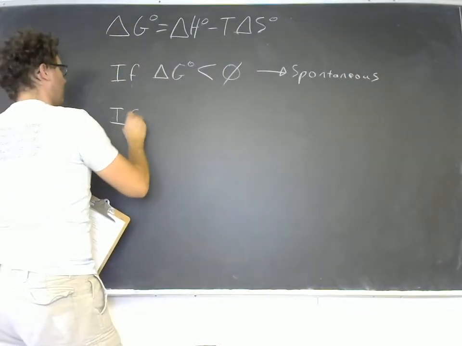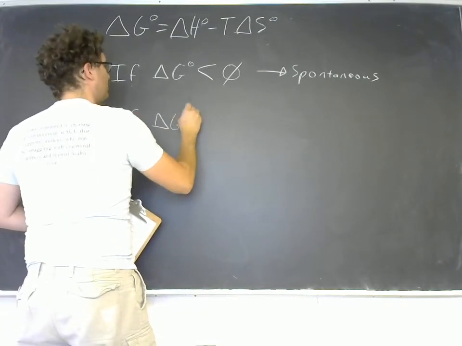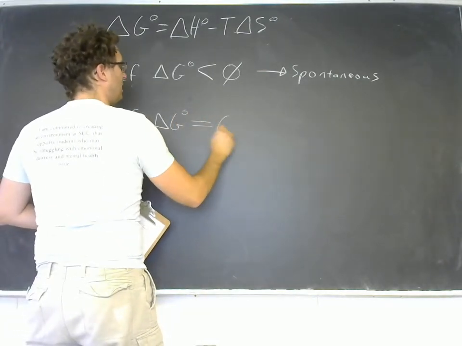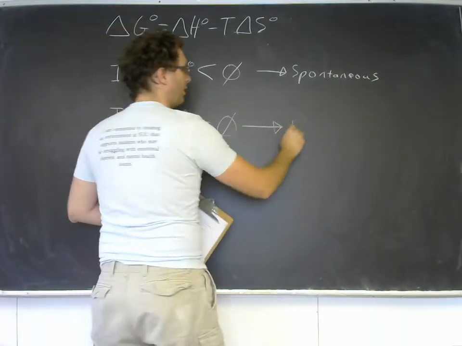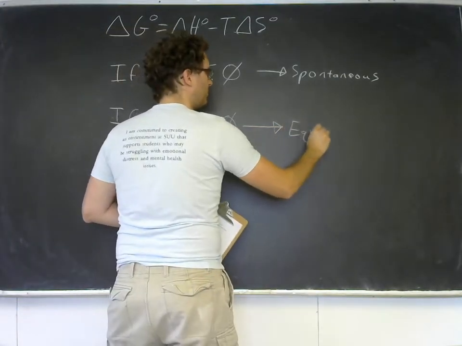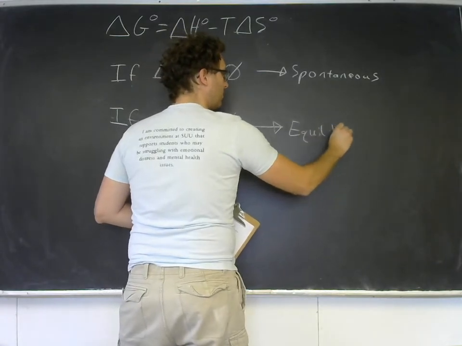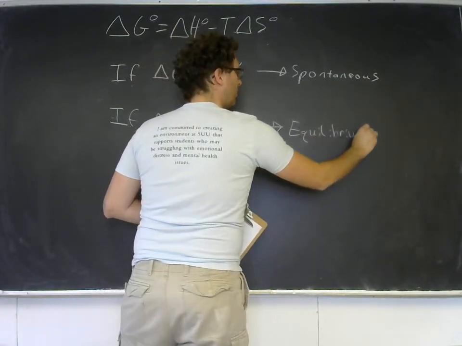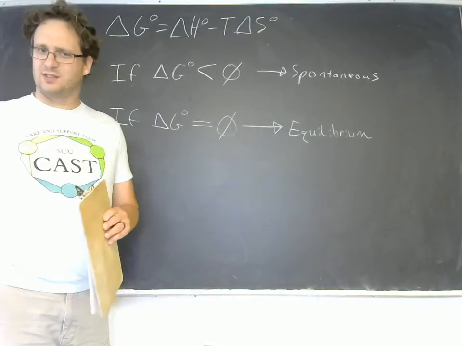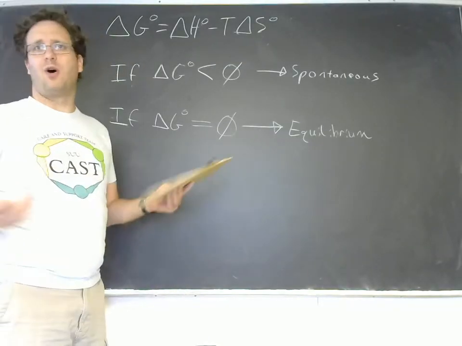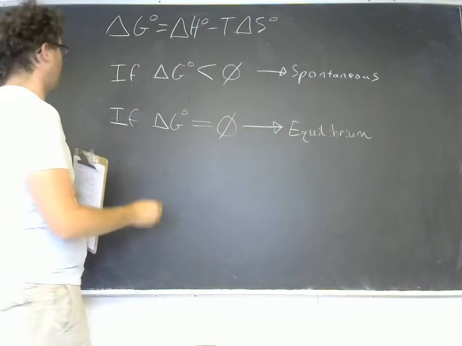If delta G naught is equal to 0, then we're in equilibrium. We can expect the state to remain steady. Concentrations and things won't change. Overall, there won't be any reaction taking place.